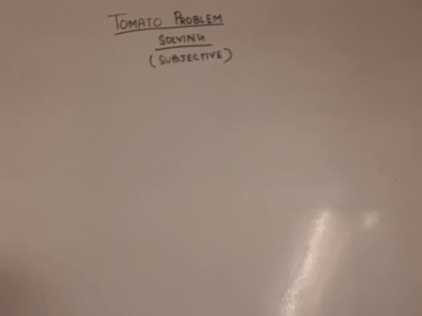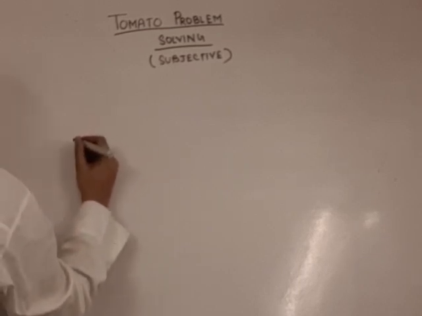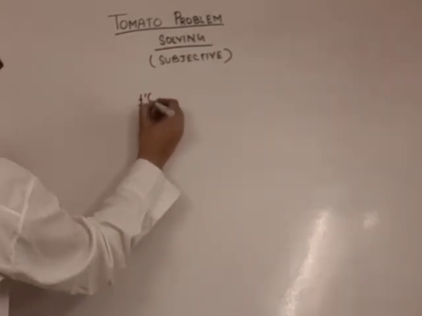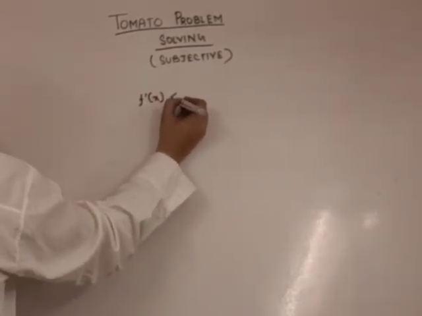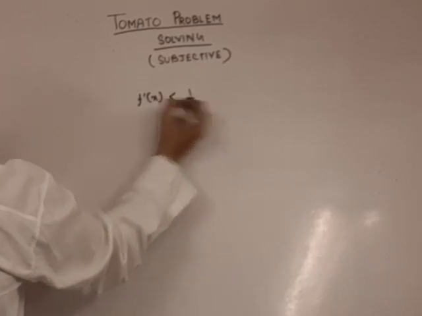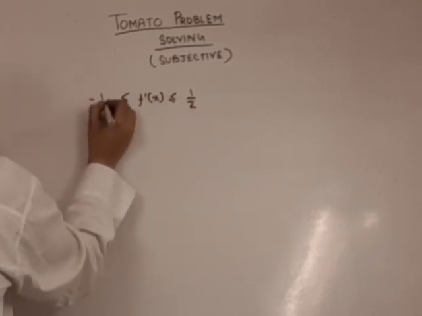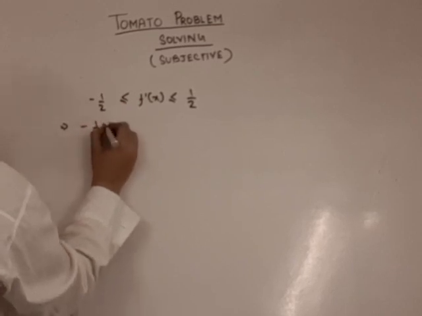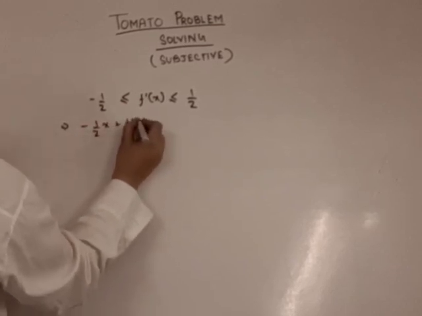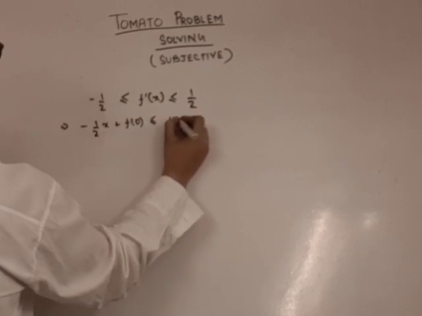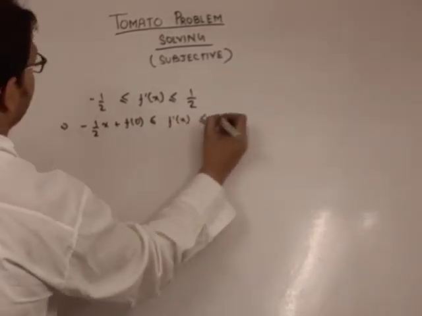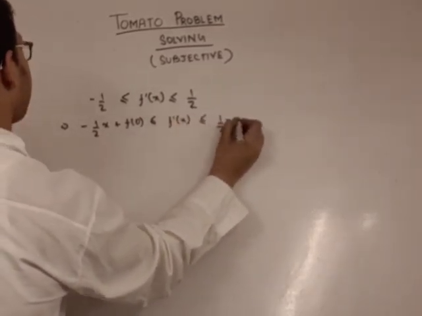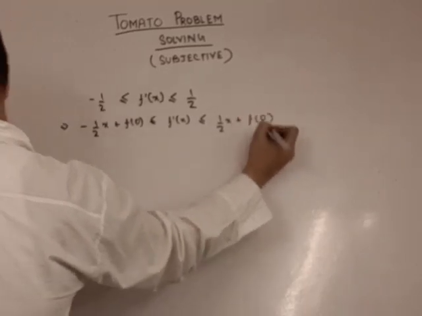Since mod f'(x) is said to be less than or equal to half, I can say that f'(x) lies between minus half and half, which further implies that if I integrate, the integration is very much allowed.